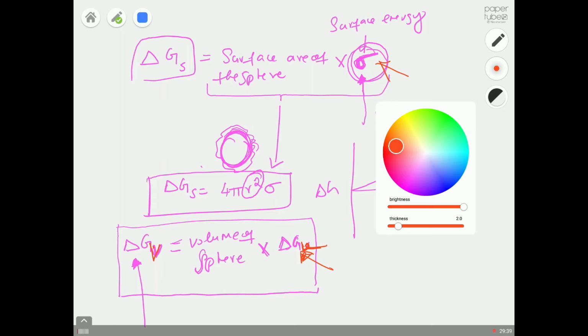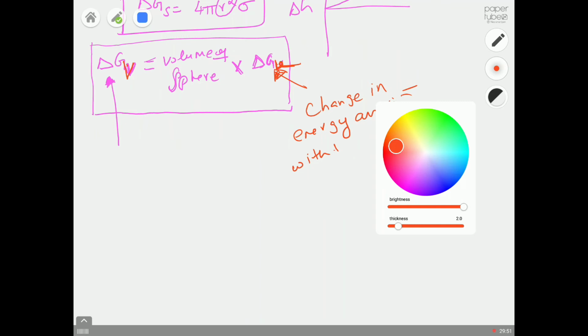So what is this one? This is the change in energy associated with the transformation process. What does that mean?